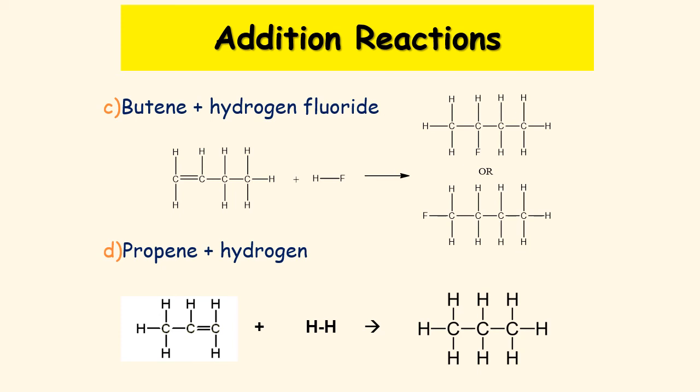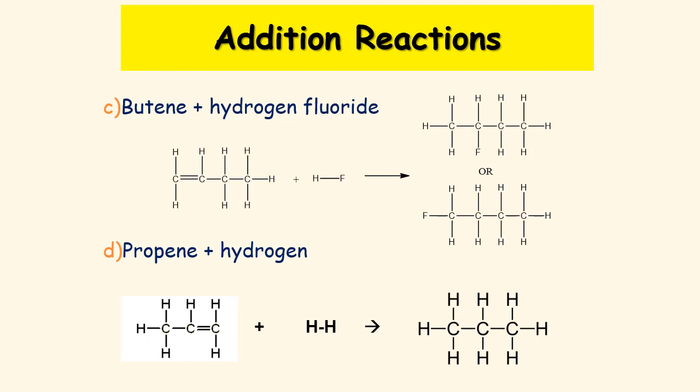And in an exam, you might be asked to draw one product, or you might be asked to draw all the possible products. So always remember that when you're adding two different atoms, a small molecule like hydrogen fluoride or hydrogen chloride, across a double bond, the hydrogen and the fluorine can go on different atoms to one another.